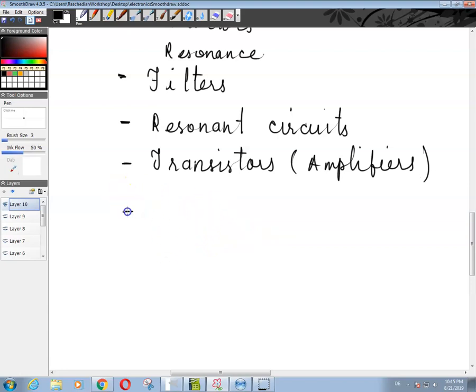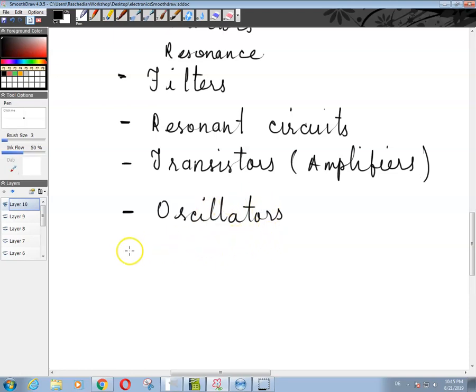Then we have a chapter about oscillators, which is learning a couple of things about oscillators, the feedback circuit, the different kinds of designs of oscillators, and basically oscillator design and that sort of thing.